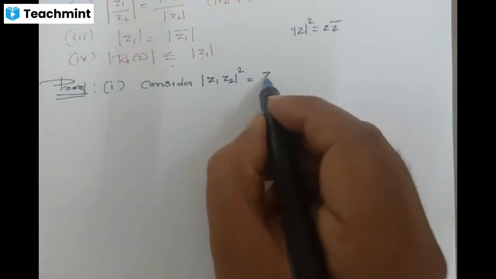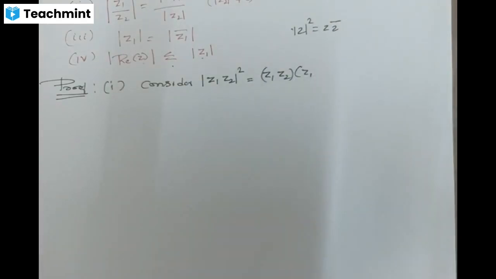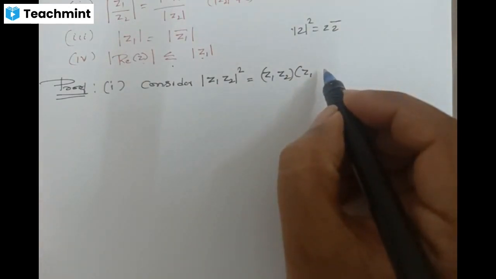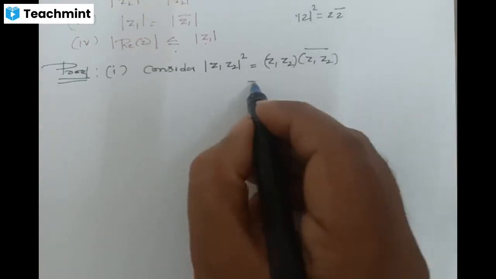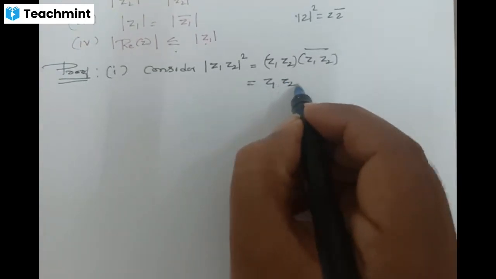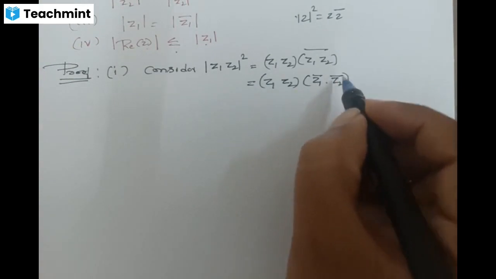Using that we can write z1 into z2 into (z1 z2) whole bar. This we can write as z1 into z2 into z1 bar into z2 bar. Okay.